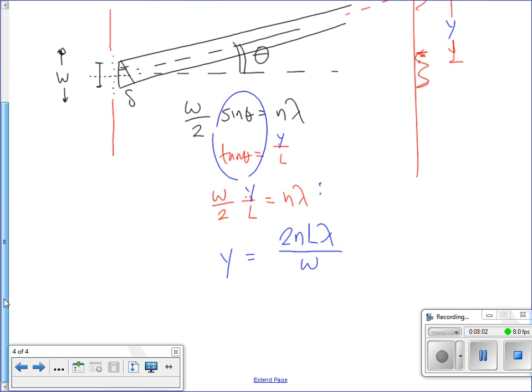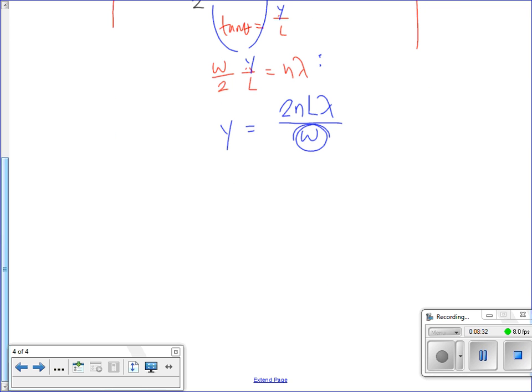So this says, how far is it from central max to the first order maximum? Well, that depends on the width of the slit itself, not the separation between the slits. And if we assume that the slits are even narrower than the separation between two slits, then we get a pattern that looks something like this.